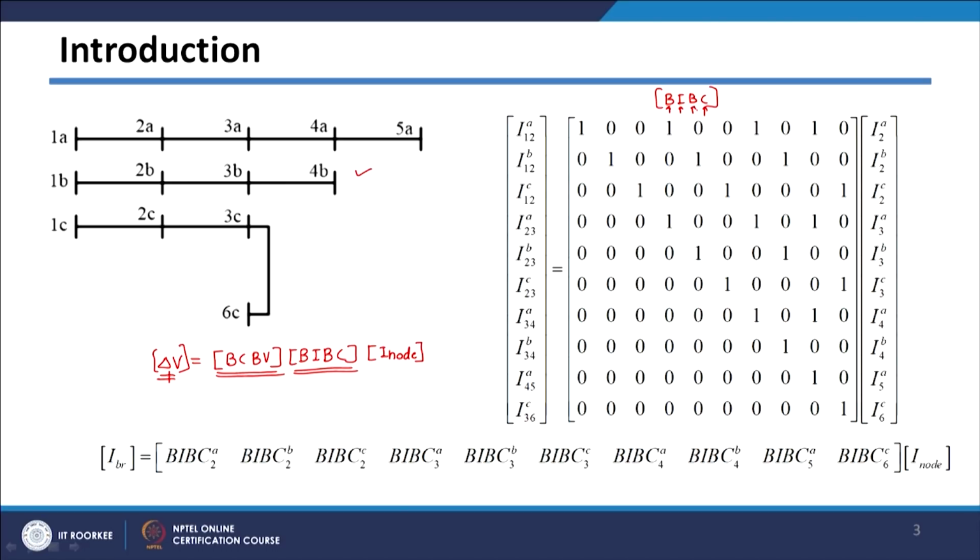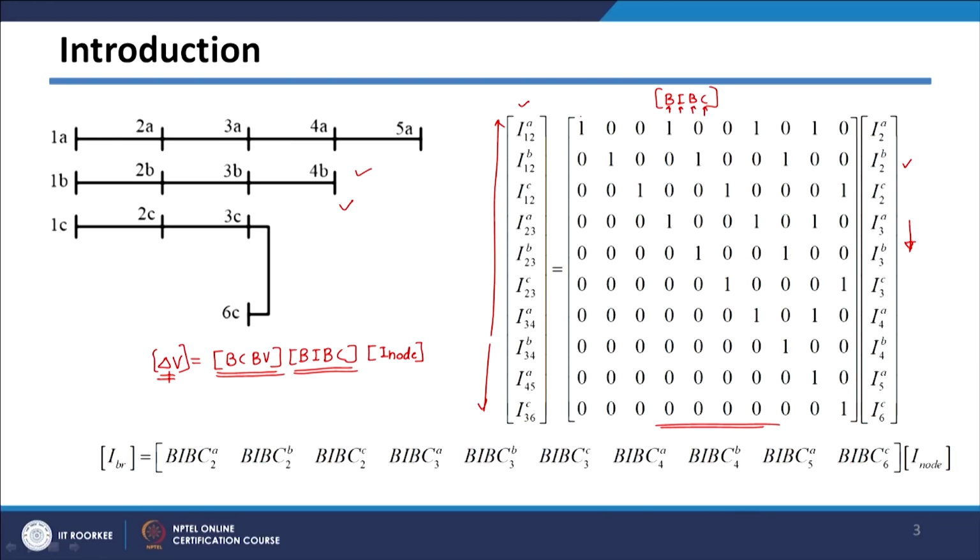It converts your load currents to branch currents. These are the branch currents in all the 3-phase branches of this particular system, and these are nothing but the load currents at each of the nodes. So, these node currents will be converted into branch currents using this BIBC matrix.